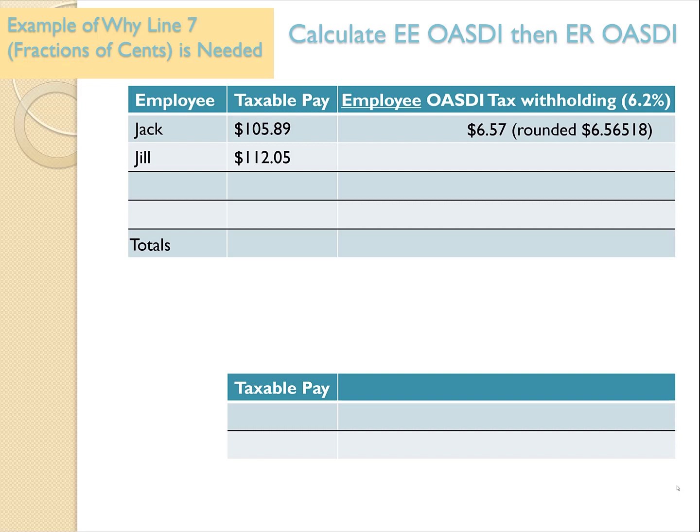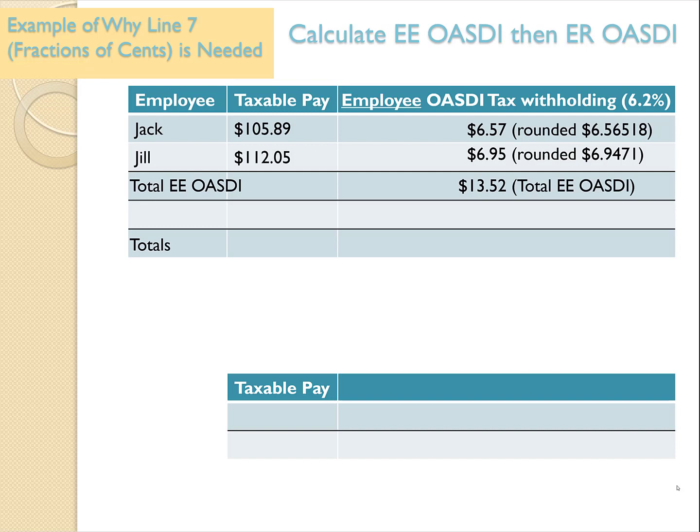Now Jill, she gets paid more than Jack. We're going to calculate her OSTI by taking $112.05 times 6.2%, which gives us $6.95. Now the total employee OSTI, we're going to add those two up, $13.52.